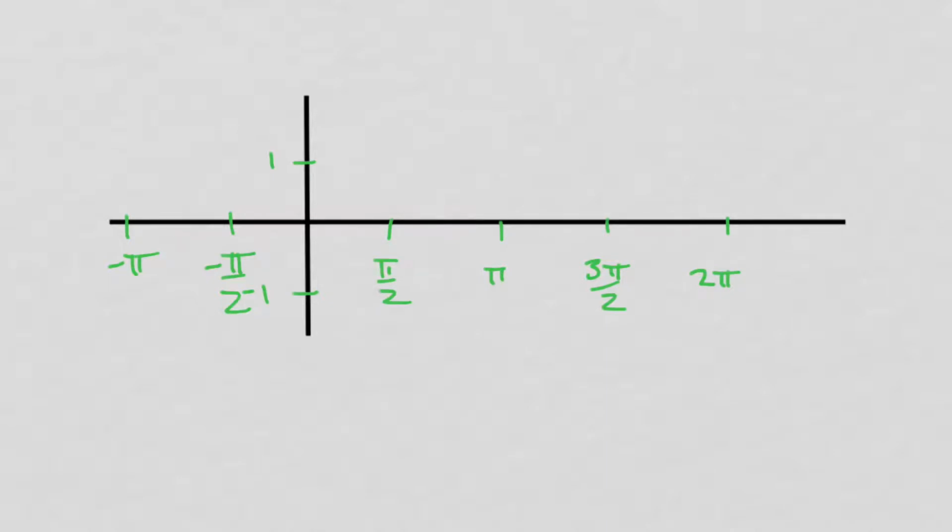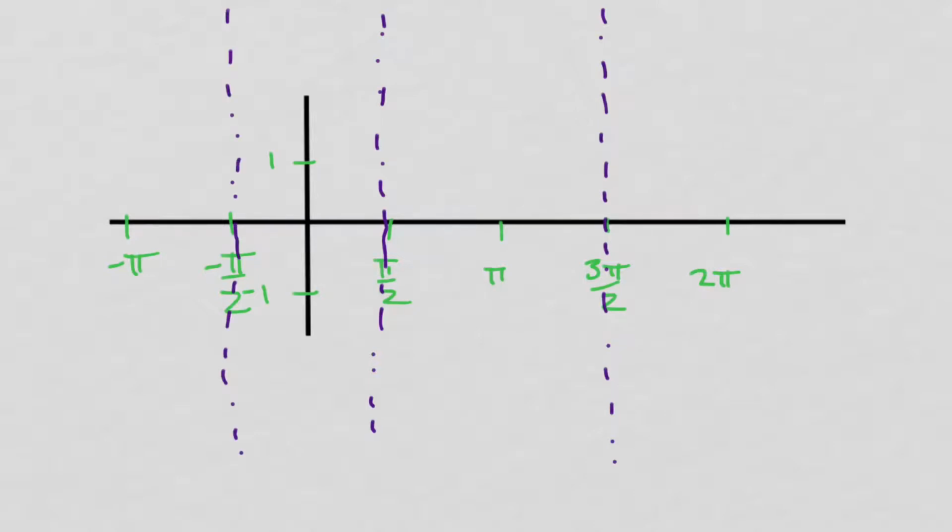Alright, so we said all of the asymptotes are going to happen at pi/2. So I draw my first one in at pi/2, draw a dashed vertical line because it's a vertical asymptote. Then I add a pi to that, which gets me a 3 pi/2. So I'm going to draw another vertical line here. I'm also going to have one at -pi/2. So you see how I have all these asymptotes hopping in over and over and over again?